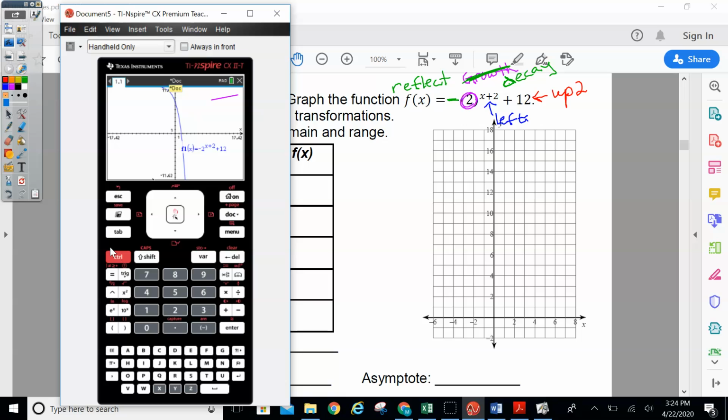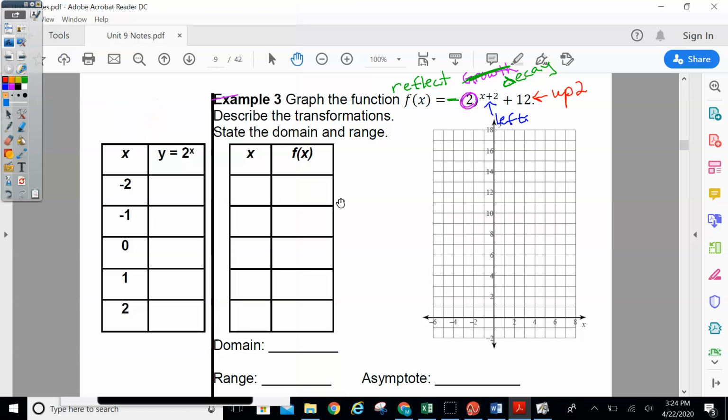So to see the table, we do Control T. And we want to get numbers that we can kind of fit. So the ones that you want to look at are the ones that are around your h value. So h you want to put in the middle. So the opposite of this would be -2. So that's the one you want in the middle. And then you look a little bit above it and a little bit below it.